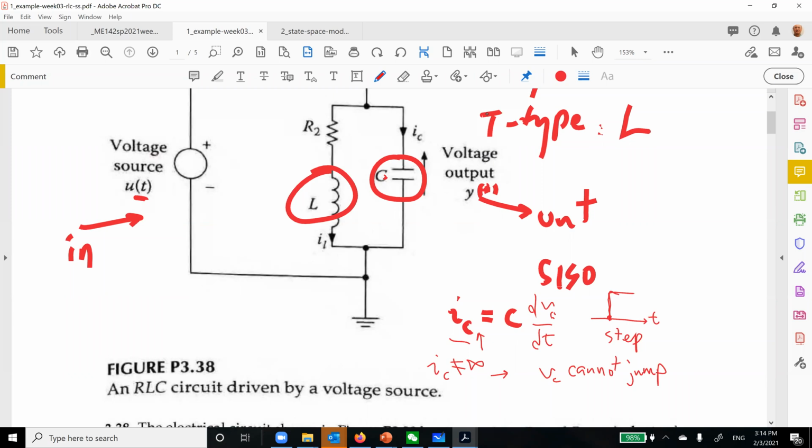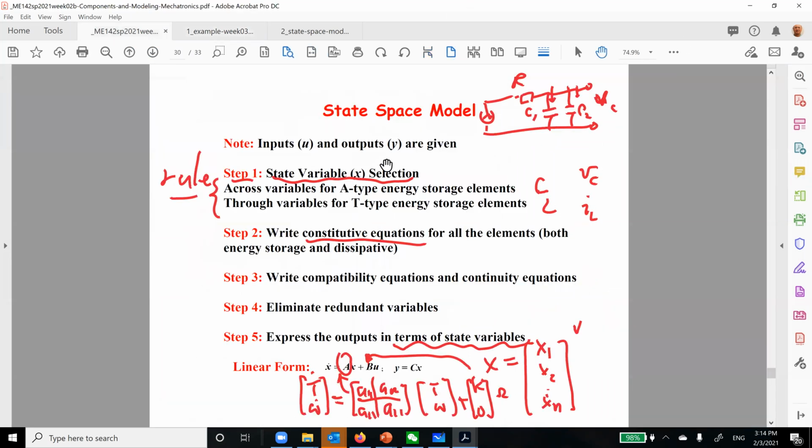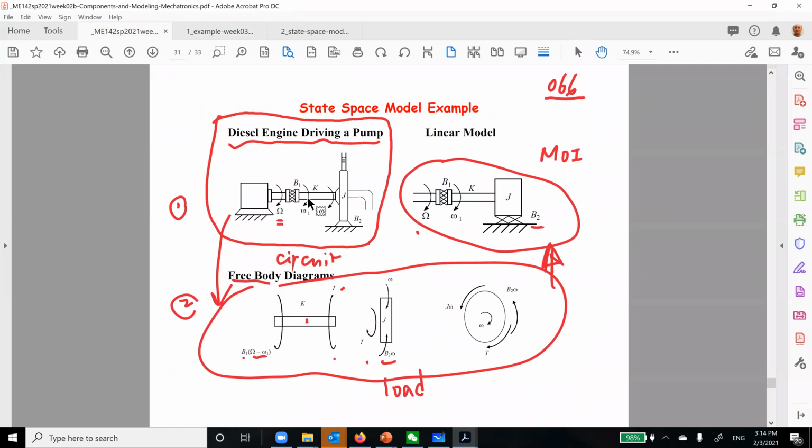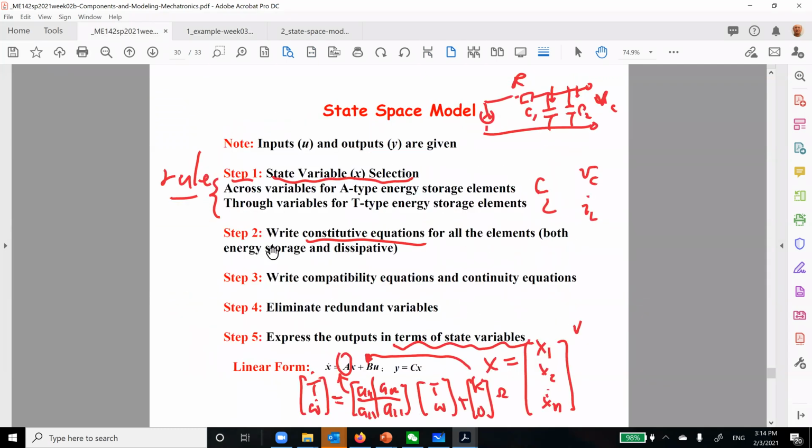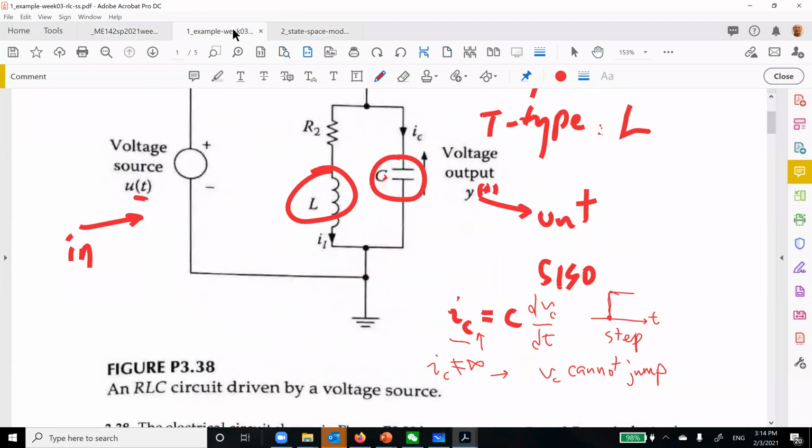But we already said in here that we should choose a cross variable as a state variable. The VC should be a state variable. In other words, a state variable chosen cannot jump, cannot have a sudden change.